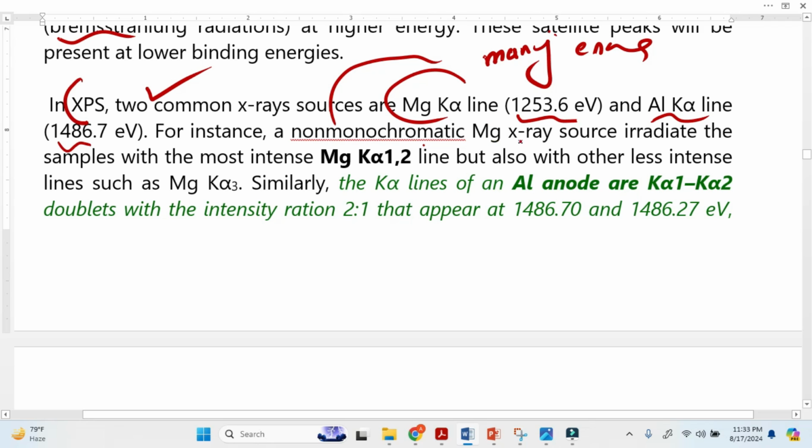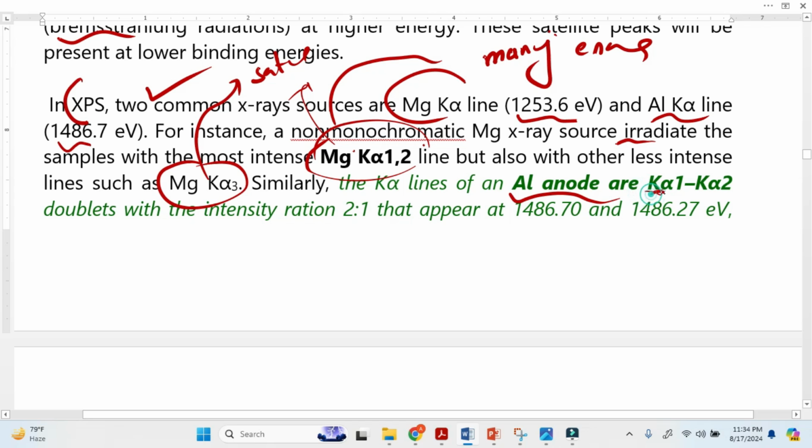When we bombard the sample with the magnesium X-ray source, we have the most intense peak here. These are very high intensity peaks, and because of them we get photoelectrons. But there are also less intense peaks such as Mg Kα 3, and because of this we get satellite peaks, right?